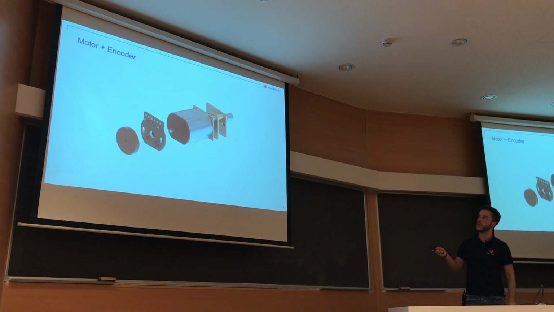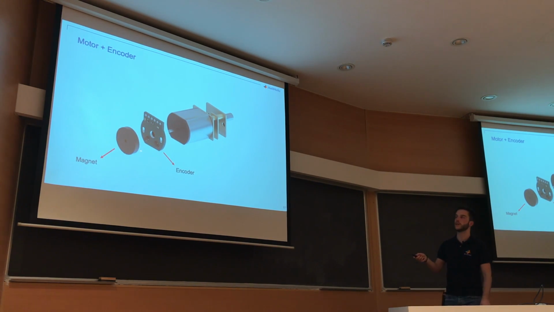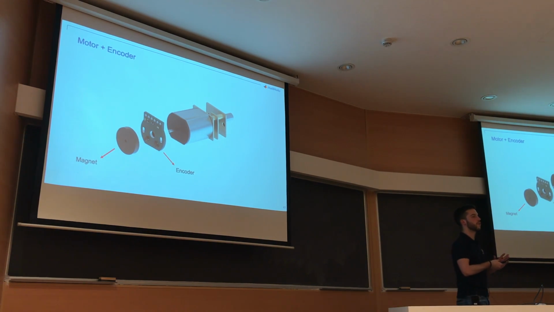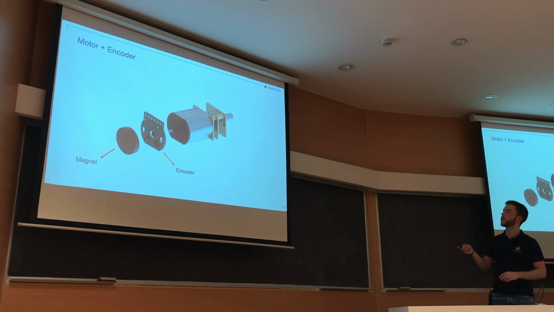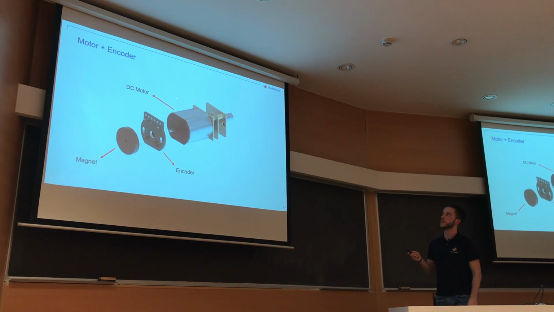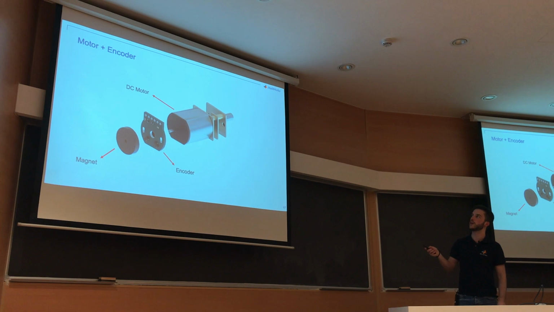Here you can see the motor, whereas this part is the encoder, a board with a magnet behind it that can register the motor position at each time. And this part is only a reduction gearbox.